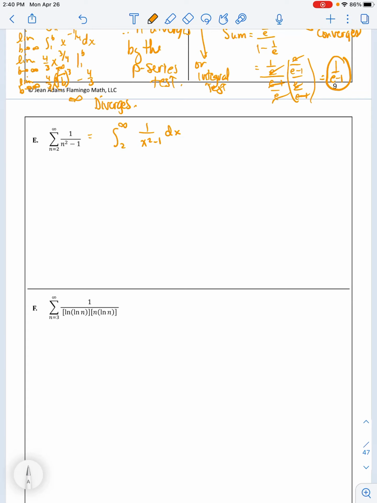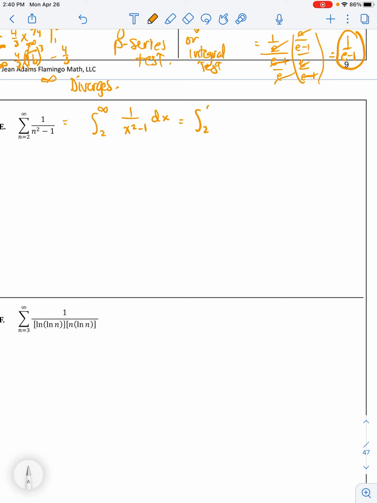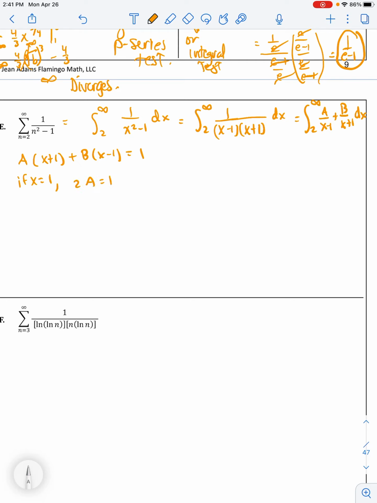So we're going to take the integral from 2 to infinity of 1 over x squared minus 1 dx. And we're going to factor this to x minus 1 times x plus 1 and use partial fractions. So I know A times x plus 1 plus B times x minus 1 is going to equal 1.